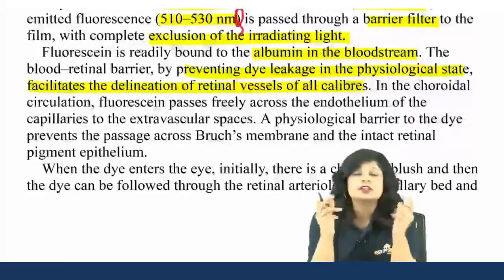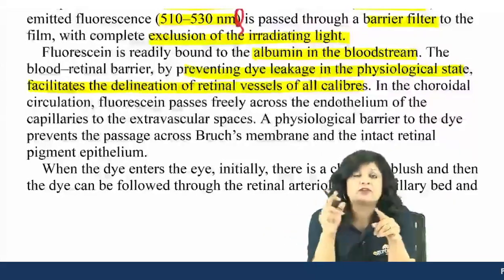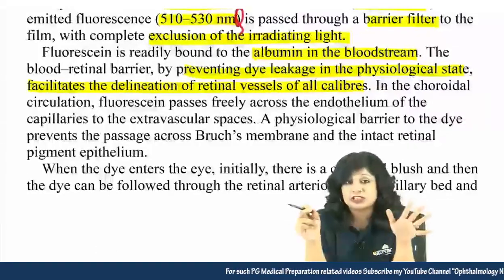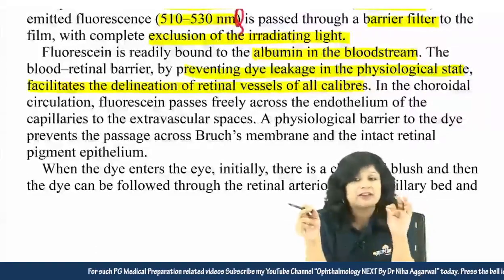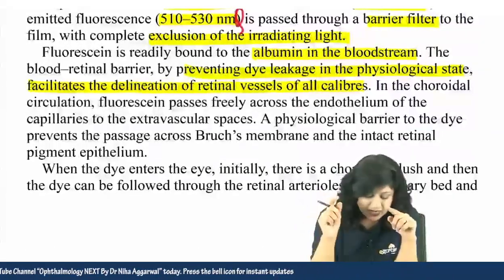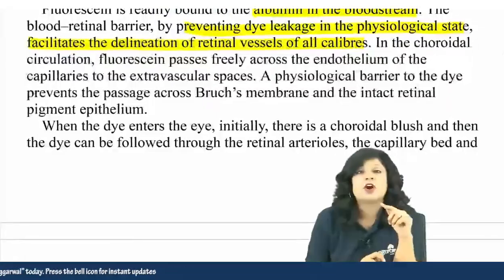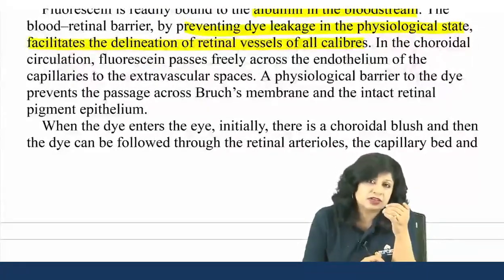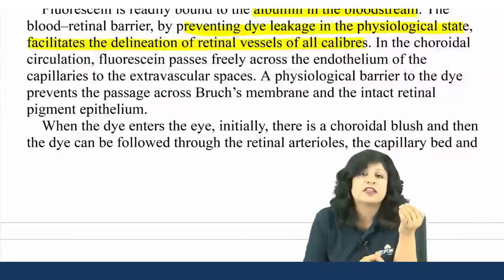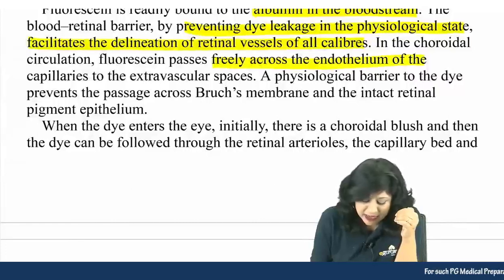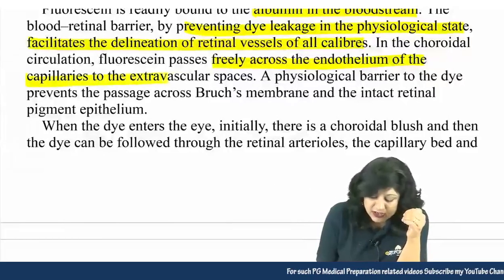Because it is bound with albumin and we have the blood retinal barrier, there is no dye leakage in the physiological state. In the normal state I will not have any leakage, and that is why I can see the whole of the arterial system. In the choroidal circulation, it reaches the choroidal system earlier than the retinal system, and it passes freely across the endothelium of the capillaries to the extravascular spaces.